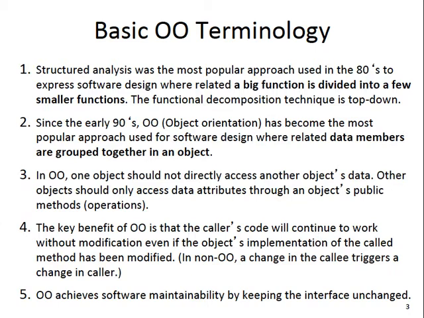So OO consists of inheritance. Inheritance is child class inheriting from parent class. So that's inheritance. But another thing is called data encapsulation. The word you may have heard of is capsule. Have you heard of the word time capsule?